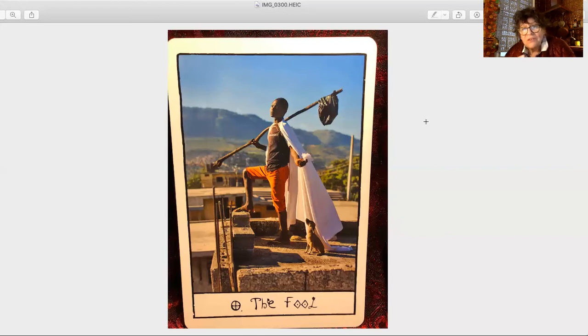Allow these questions to move around your heart. And when you're ready, take the gift that you were given and begin to write. Enjoy the adventure.